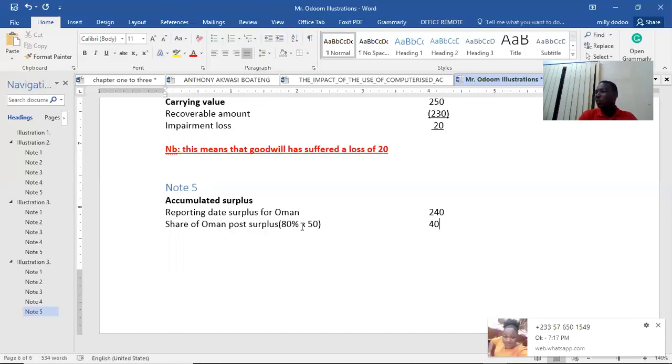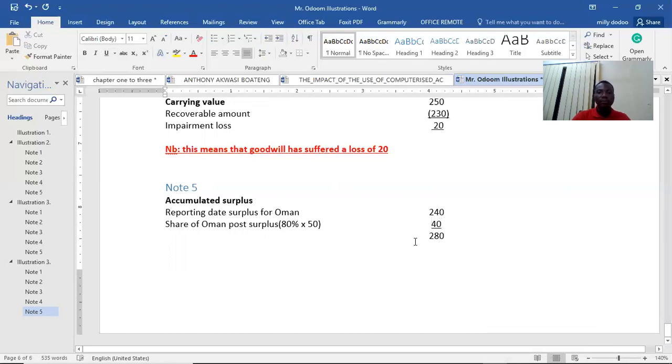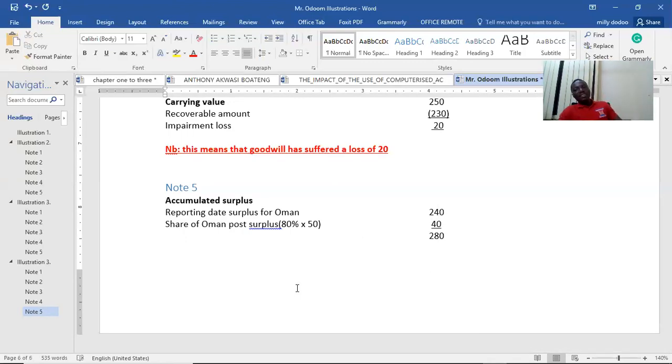So when I add the two, you'll be getting 280. All things being equal, this is how much should go into your balance sheet as a surplus for the group.